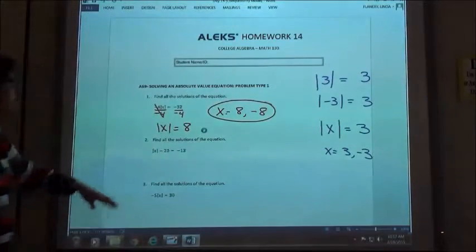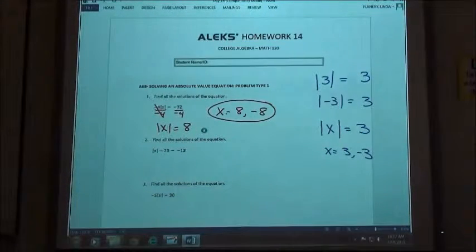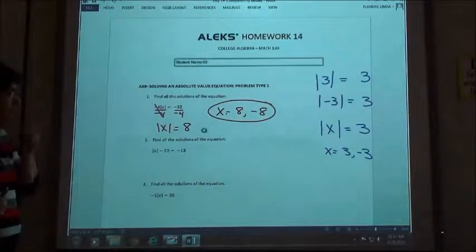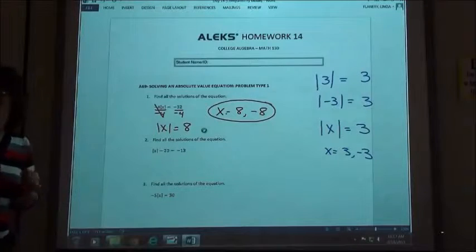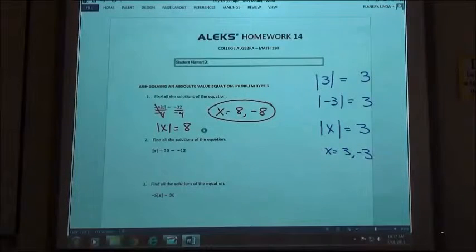So on number 2, if I want to get the absolute value of x minus 20 equals negative 13, to get the absolute value by itself, what should we do with that 20? You're going to divide it by... Nope. Because that's not times, right? It's different than the previous one.